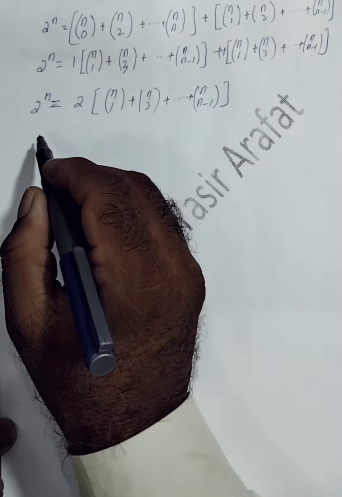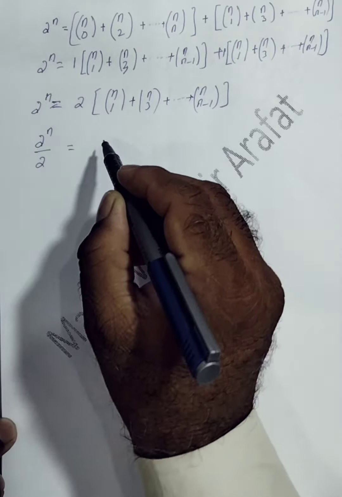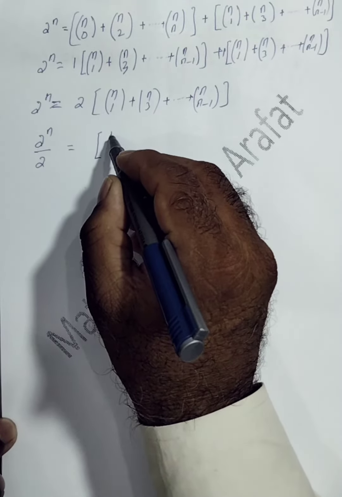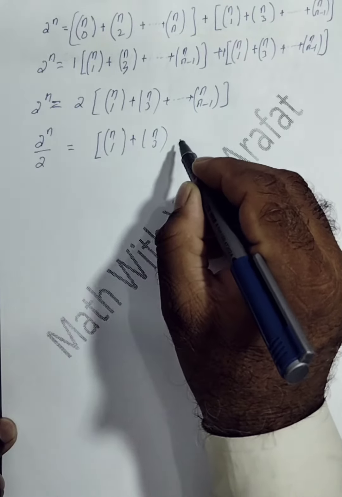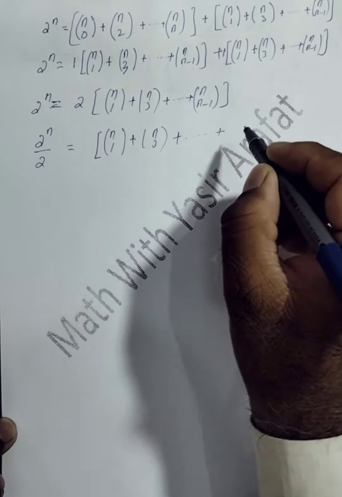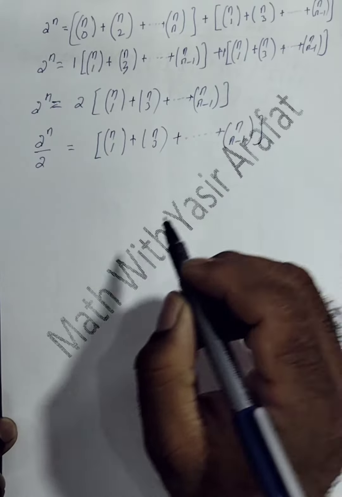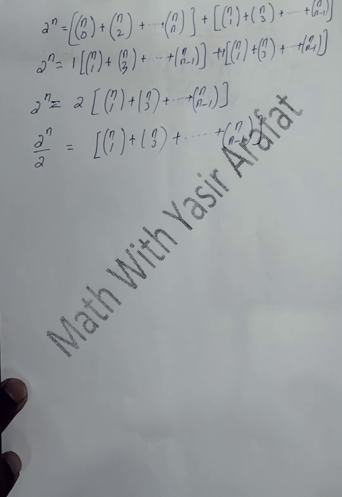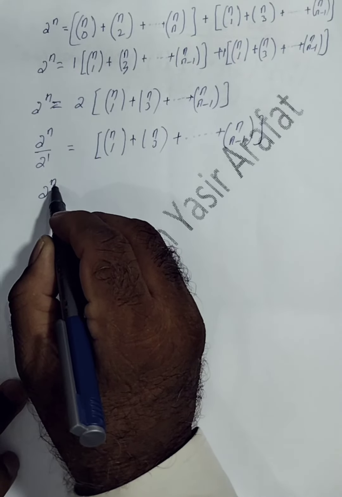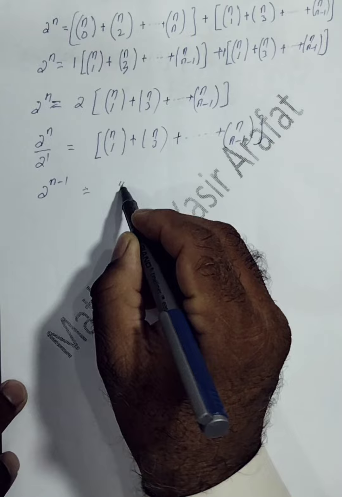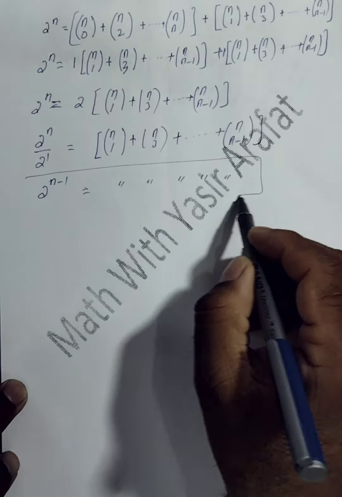This 2, multiplied on the right hand side, when we shift it to the other side, will be in division form, so nC1 plus nC3, and so on, up to nC(n-1) equals 2^n divided by 2, so it becomes 2^(n-1), which is the required result.